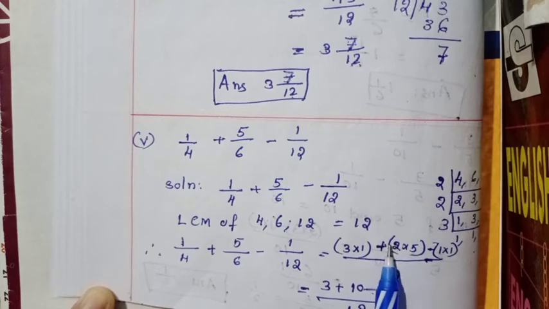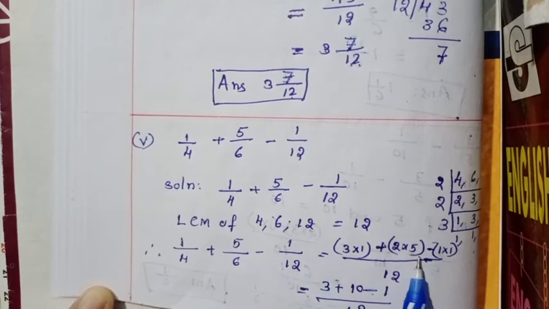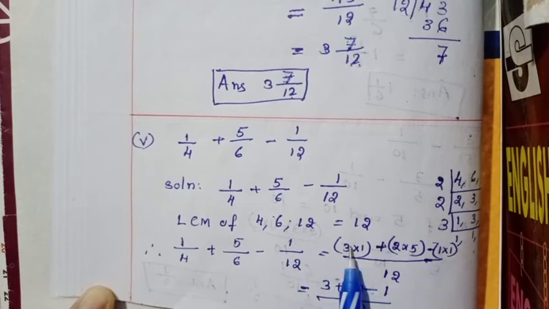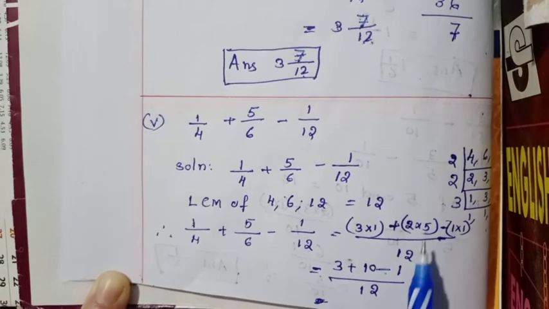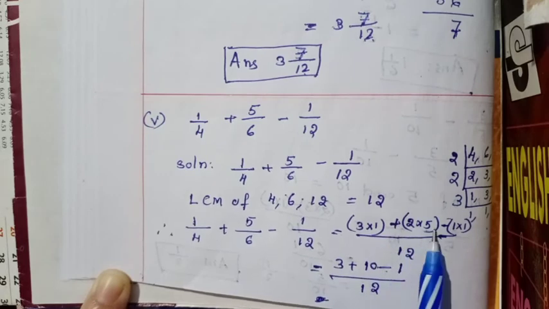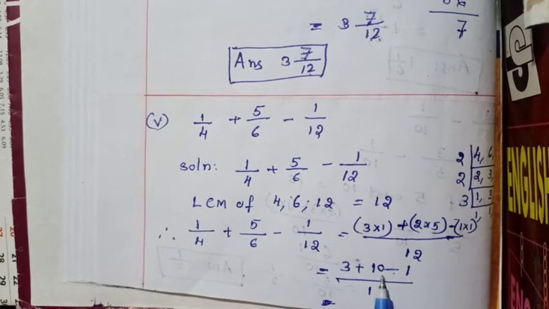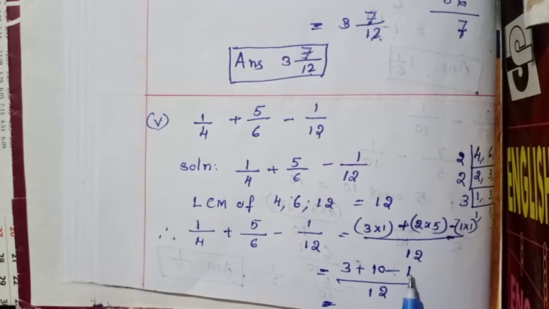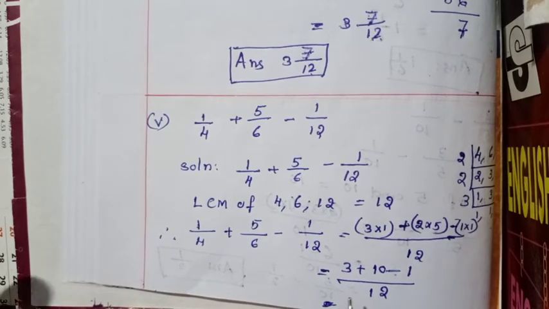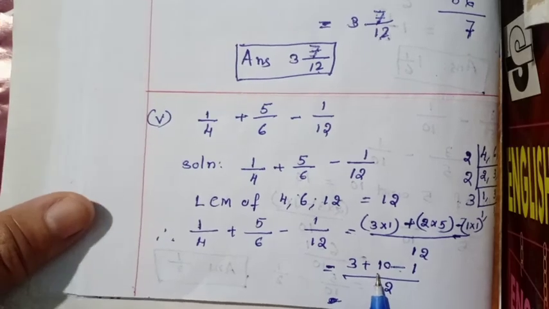This is 2 times, into this 5, then minus, then 12 how many times in 12? That is 1 time, into numerator 1. So 3 into 1 is 3, plus 2 into 5 is 10, minus 1 into 1 is 1. Next step, 3 plus 10 is 13.